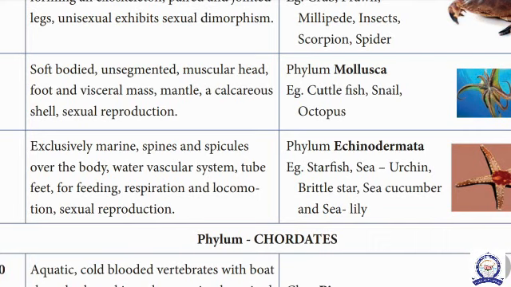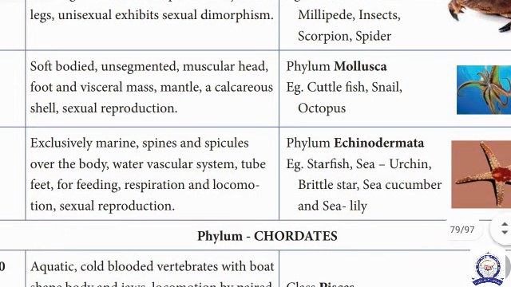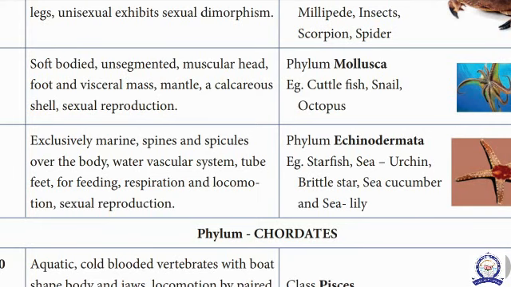Over the body there is a water vascular system. The water vascular system is a tube-like structure attached within the inner part of the body. The tube feet are attached to the water vascular system and help with feeding, respiration, locomotion and excretion.